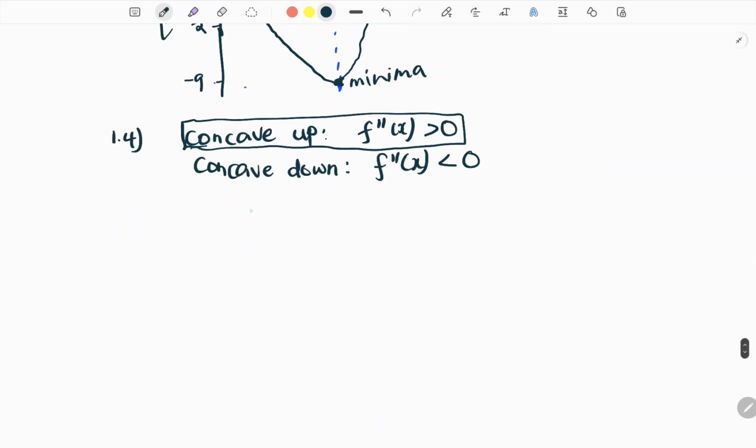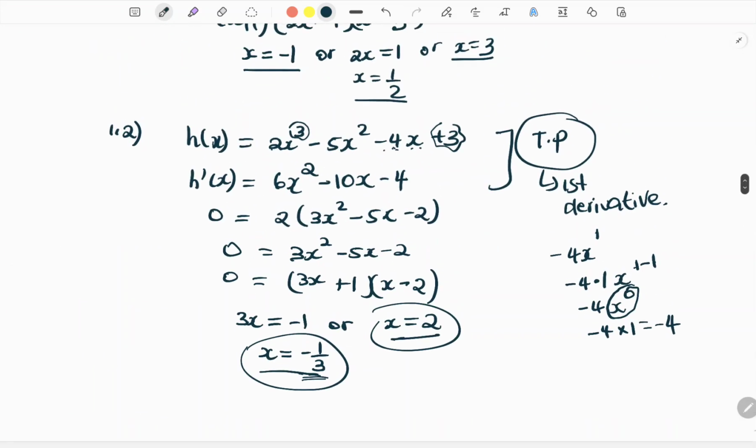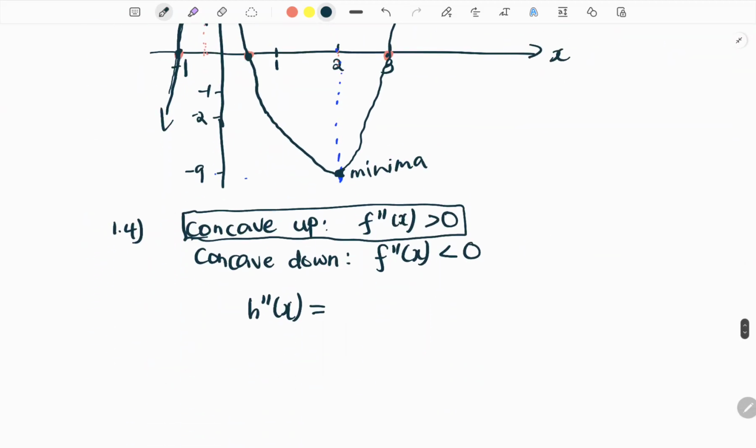So we are going to look for h double prime of x. You continue from the first derivative, which was 6x squared minus 10x minus 4. So it's going to be what now? 12x, because it's 2 times 6.